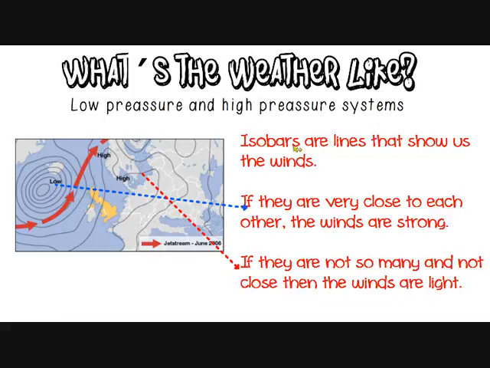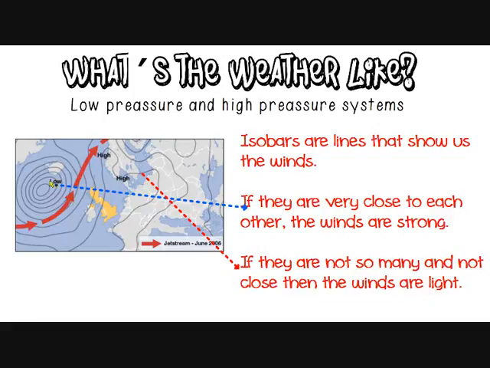So if they are very close to each other, like this one, the winds are very strong. And if they're separated and not so many, like in this area, well, the winds are light, not strong.